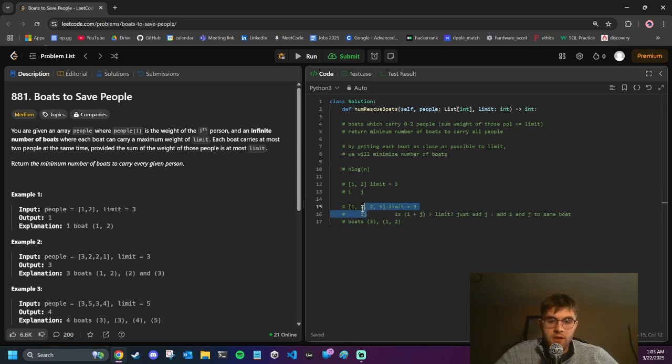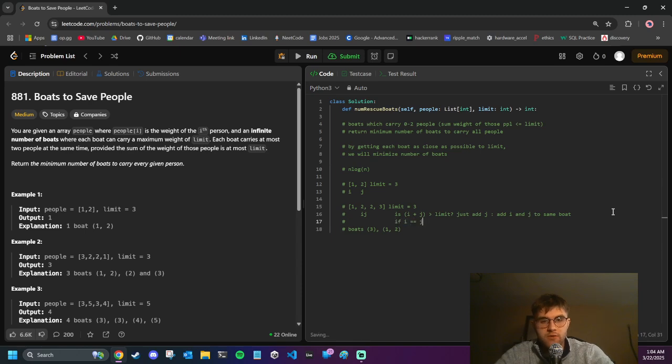And then, this is kind of an edge case. When i equals j, we don't really want to add them together because that would give us 4. So we may need to put an if here.